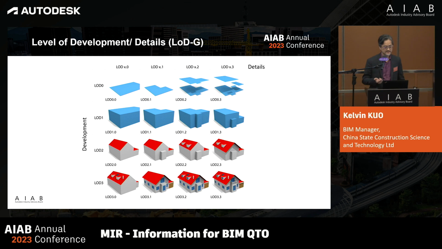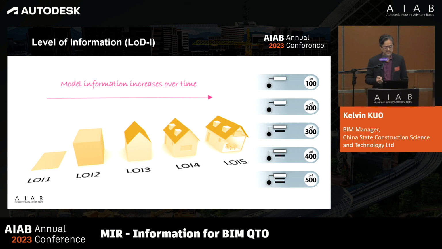In detail, according to the development, our designs change from a very simple version to very fine, complex detail in terms of geometry, so that we can visualize the designs in detail.